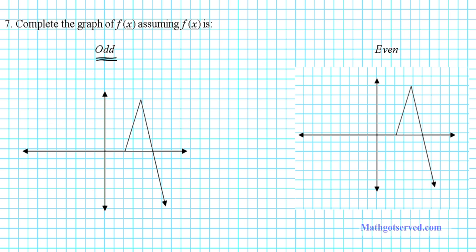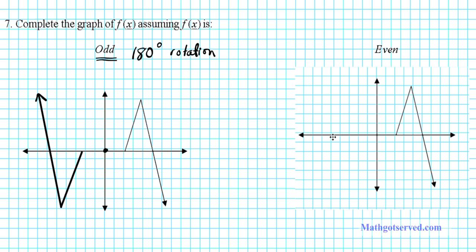So let's go ahead and sketch what it looks like. It's going to look something like this, just a rough sketch, and then just go up like that. So this is an example of an odd function because it is symmetric about the origin. Okay, so remember, odd involves 180 degrees rotation.